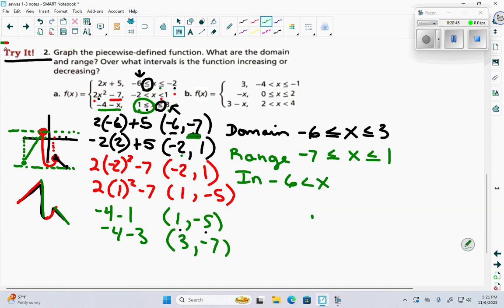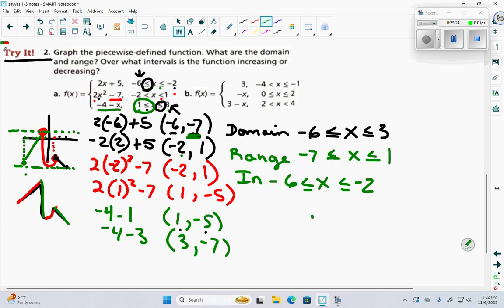Because it was -6, I have an open circle. This should be a closed circle, so just on another figure. So -6 ≤ x, and then it goes all the way up to the -2, because that's the location for that one was -2. Not 1. Looks like 1 on my graph, but it's a -2.